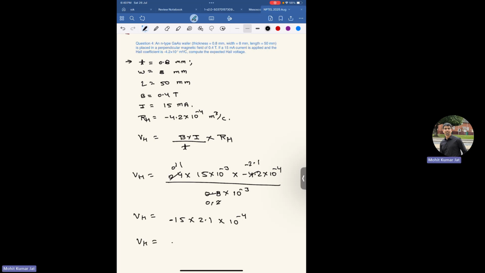VH will be 3.15 into 10 power minus 4. So if you have to compute the expected voltage, this is the voltage which will be there. Volt.